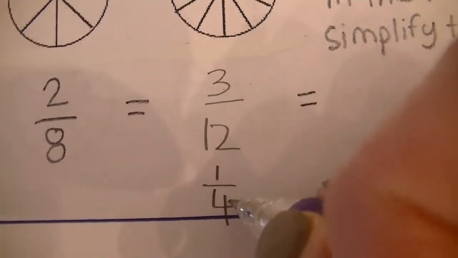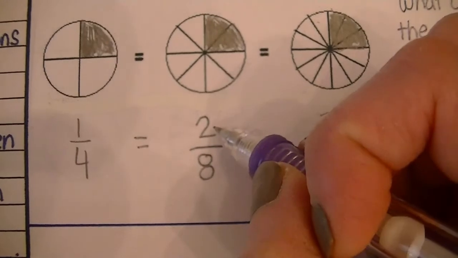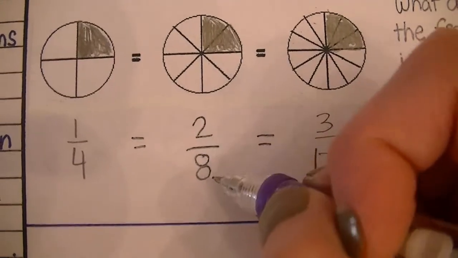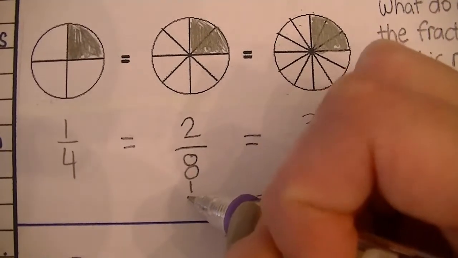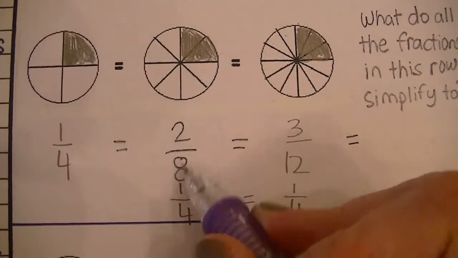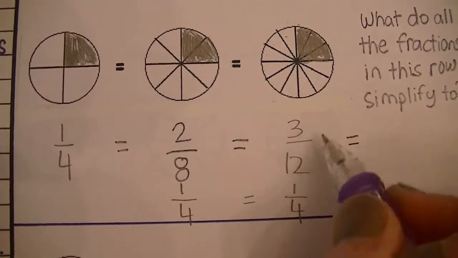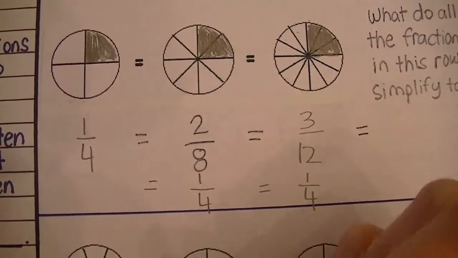So 3/12 is equal to 1/4. All right, let's go ahead and simplify this one. A number that goes into both 2 and 8 is 2. 2 divided by 2 is 1. 8 divided by 2 is 4. Oh, look, so 2/8 is equal to 1/4, which is also equal to 3/12. And does 1/4 simplify any further? Nope.